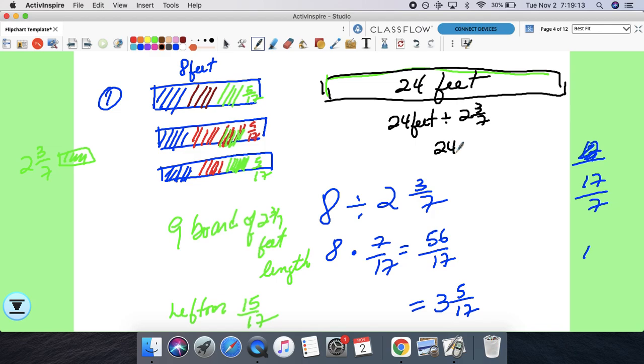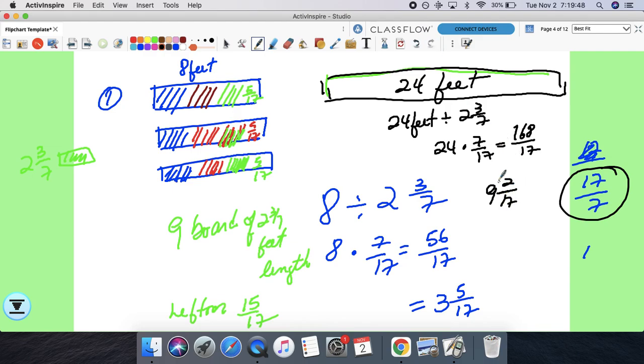So 24 divided by 2 and 3 sevenths, which we know is 17 over 7, so I'm just going to take the reciprocal. 24 times 7 is 168 over 17. 17 times 10 is 170, so 17 can go into 168 9 times, with 2 left over, over 17.